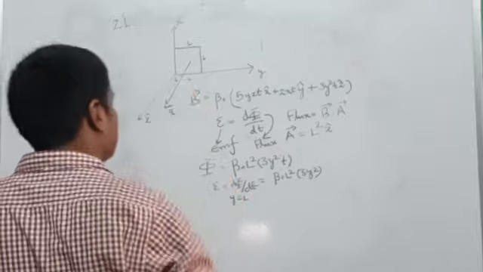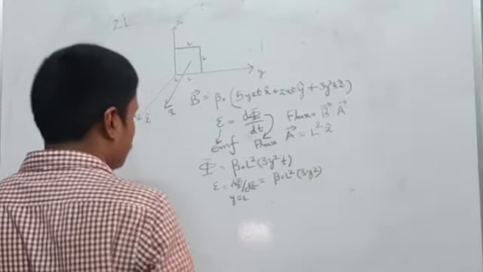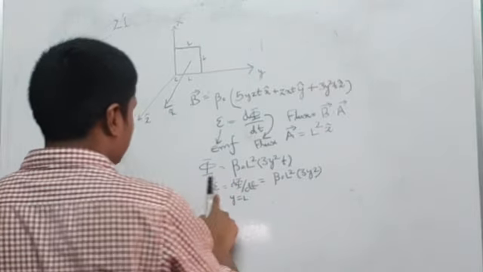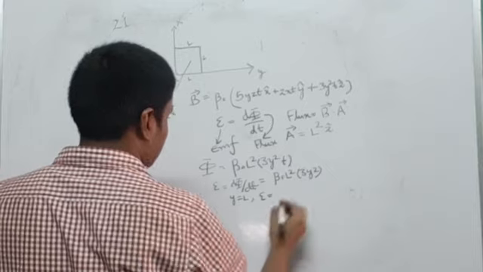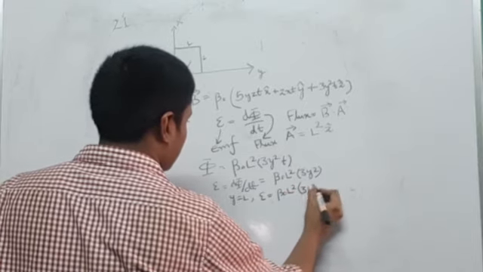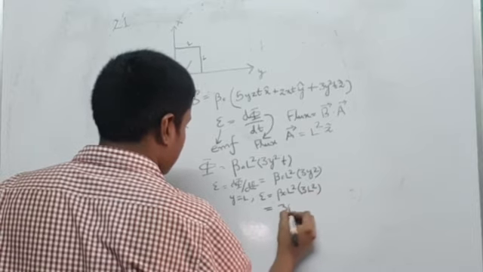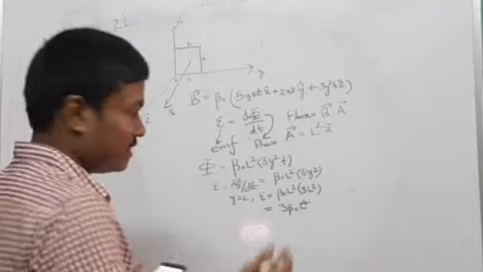If y is 0, the EMF goes to 0, but with y equal to L, the induced EMF is beta L squared times 3 L squared, so 3 beta L to the power 4.